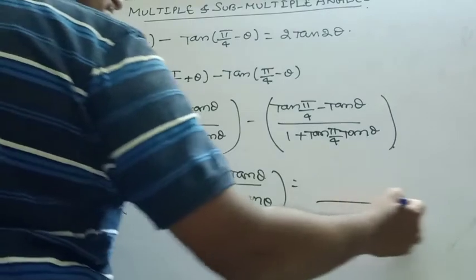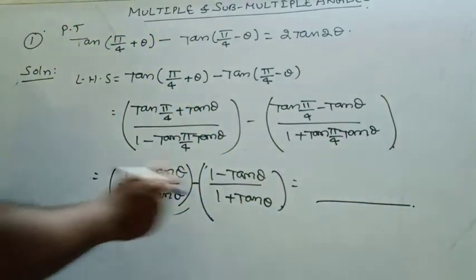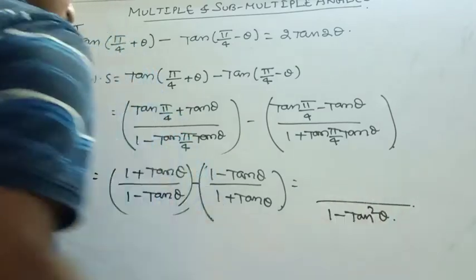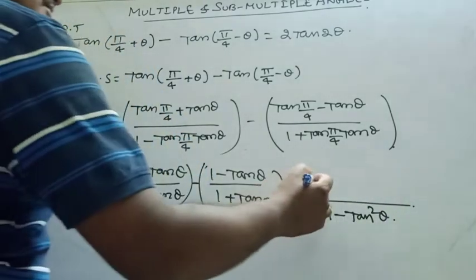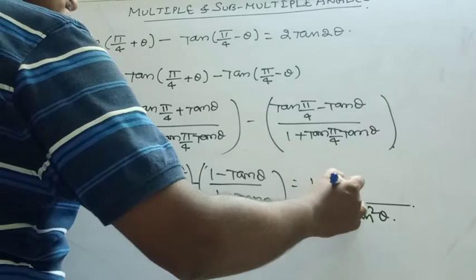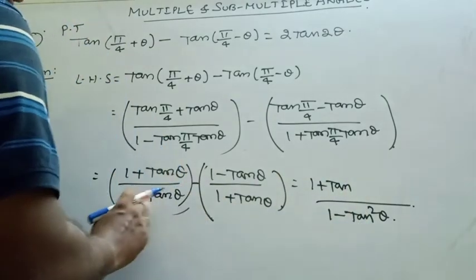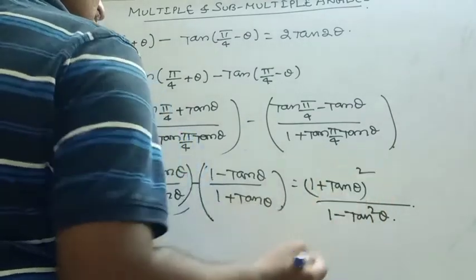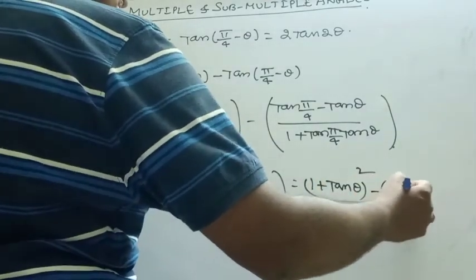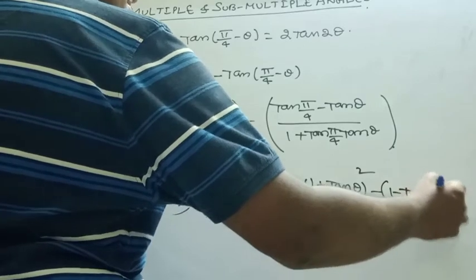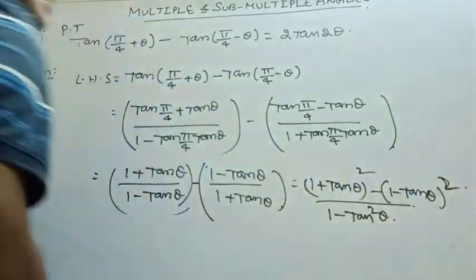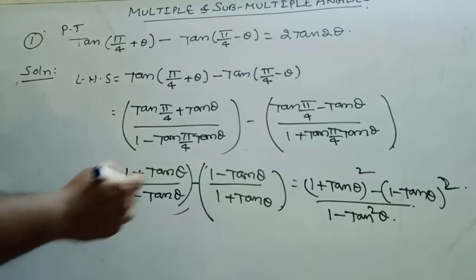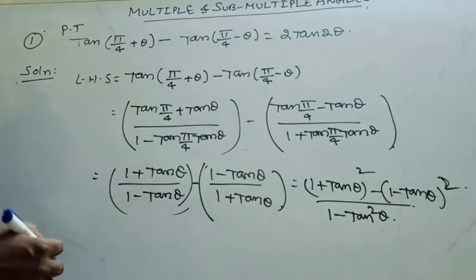Now let us take the LCM part. If you take the LCM, it is (1 - tan theta) into (1 + tan theta). The numerator is (1 + tan theta) whole square minus (1 - tan theta) whole square. This is something like (a + b) whole square minus (a - b) whole square.